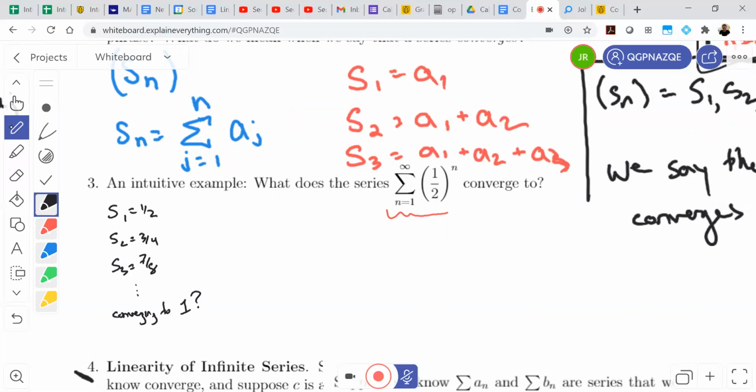Right? 1/2, 3/4, 7/8. This seems like it's converging to 1. What we can see now is that if we look at this as a series in which the first term is 1/2, and it looks like this, right? So when n is equal to 1, this is 1/2. When n is equal to 2, this is equal to 1/2 squared, so 1/4. When n is equal to 3, it's 1/8.